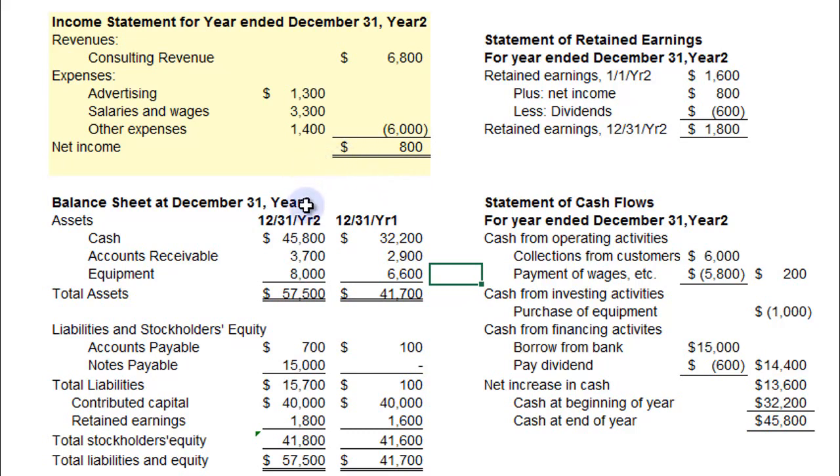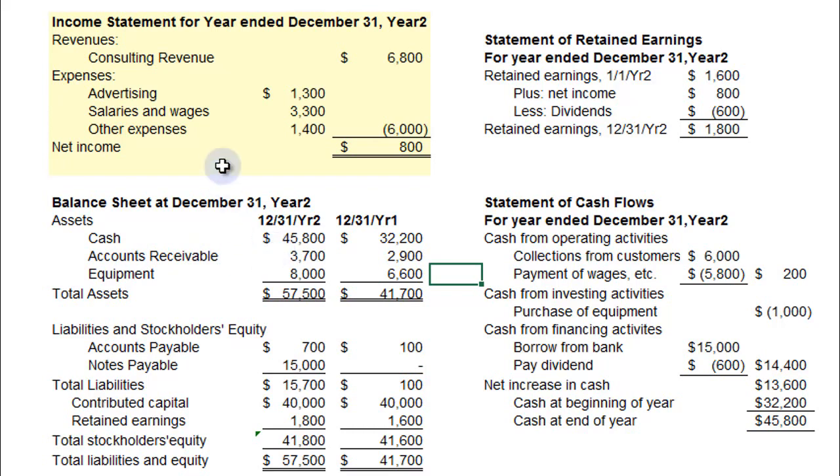A balance sheet, on the other hand, shows everything that a business had as of a particular moment in time. So cash is cash. At midnight on December 31st of year 2, this business had $45,800 in cash. So that's cumulative up to this point in its life.